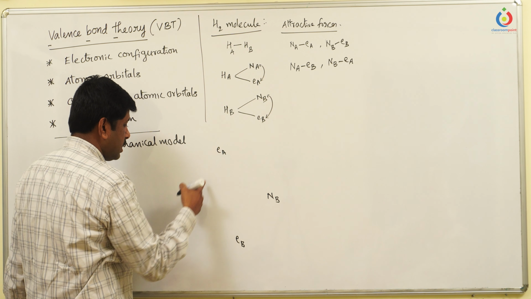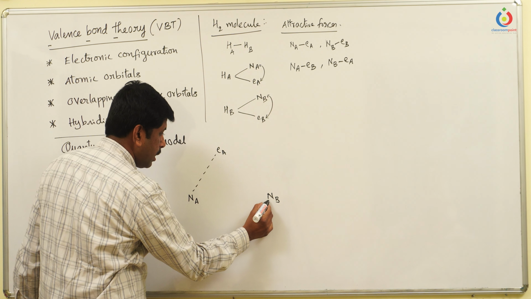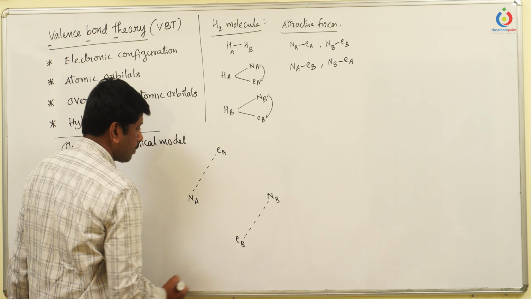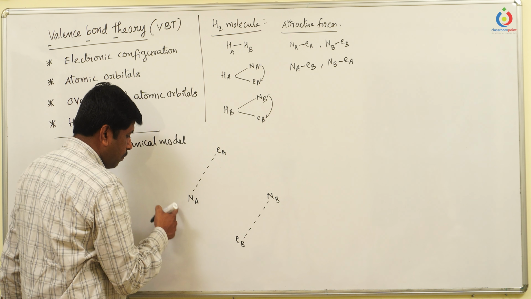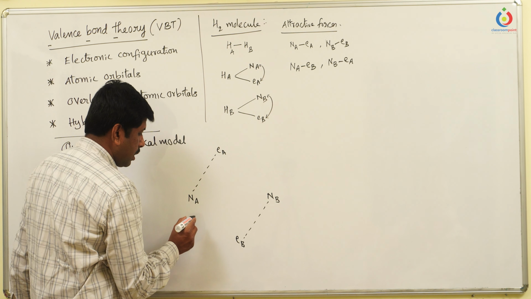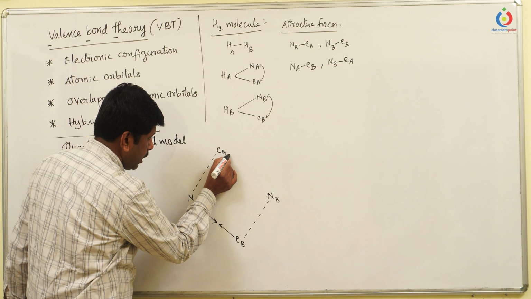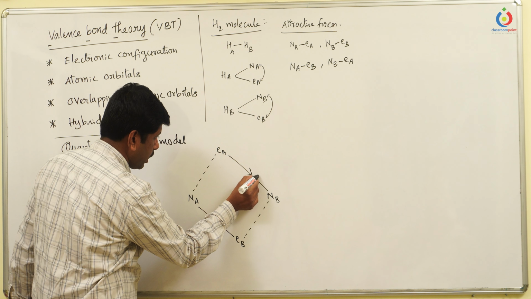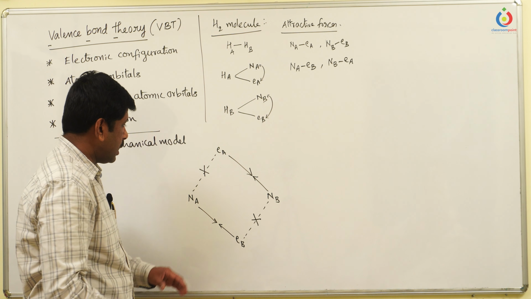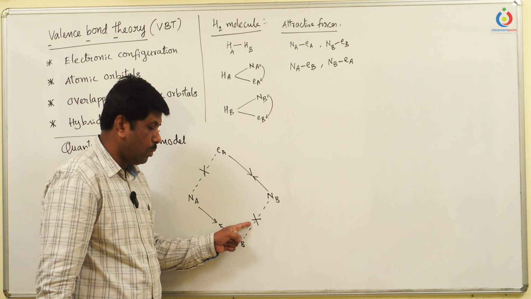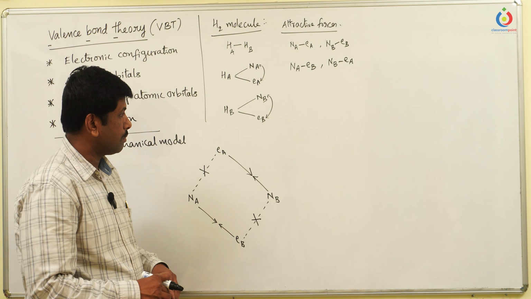Initially the attractions are present between Na and Ea, and between Nb and Eb. But when the hydrogen atoms approach each other, the nucleus of one atom tries to attract the electron of the other atom, so new types of attractive forces arise, weakening the previous attractive forces.